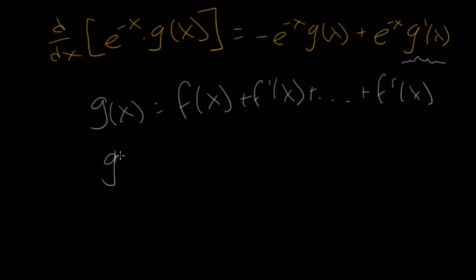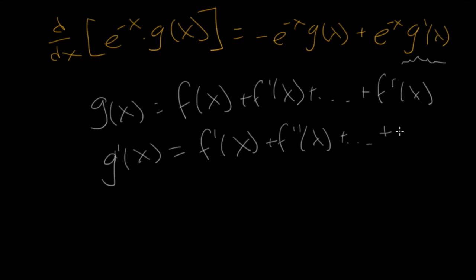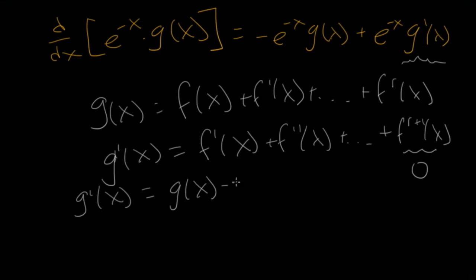And so g prime of x is f prime of x plus all the way up to the r plus 1 derivative of f of x, and we know this last term is just equal to 0. And so we can say g prime of x equals g of x minus f of x, because it's just g of x without this term right here.